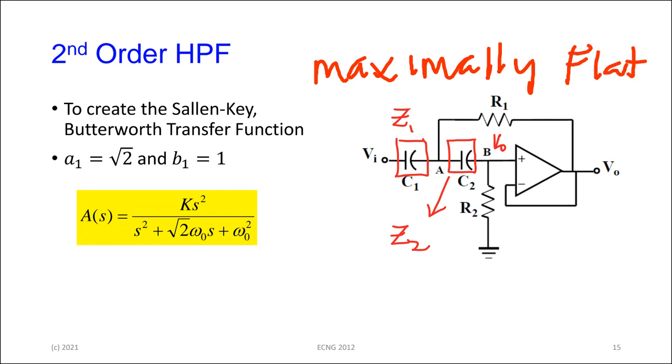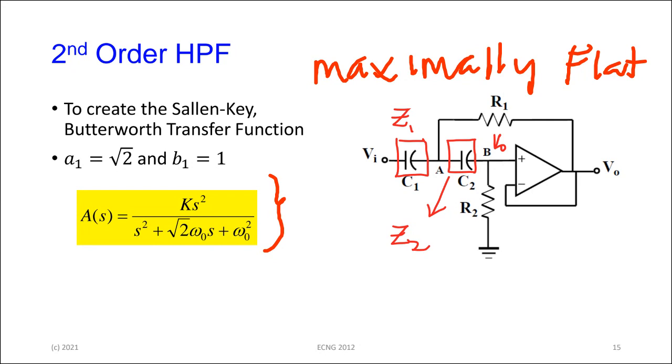It so happens, and the Butterworth transfer functions and so on are not part of this discussion, that you get that behavior on the high pass filter by making the coefficient A equal to √2 and B equal to 1.